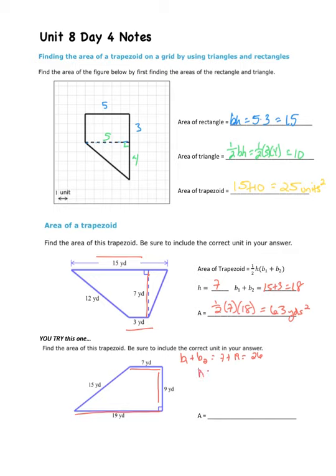So the height is 9. Now plug in your numbers. 1/2 times H times B1 plus B2 equals 9 times 13, which is 117. Again, you can plug it all straight across in your calculator. I just multiplied the even number times 1/2. Let's go to the next page.